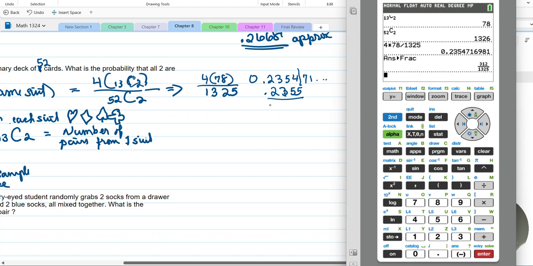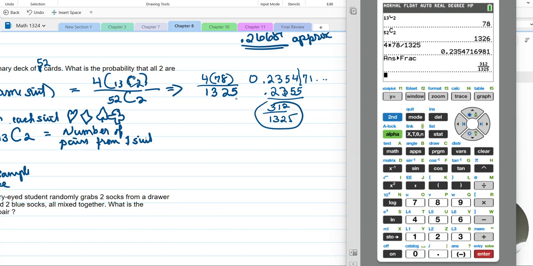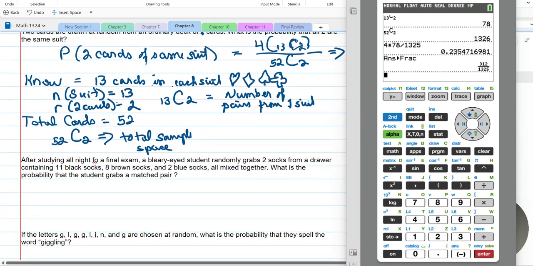And we get, sorry about that. It didn't reduce. So either this guy or this guy. I'm probably, it's a decimal, no doubt.